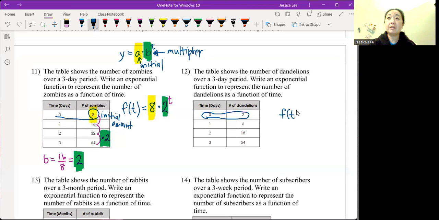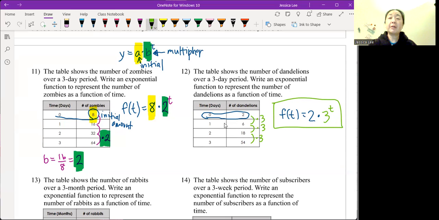So f of t is equal to 2 times, and what do we keep on multiplying by? 2 times 3 is 6, just to verify. 6 times 3 is 18. 18 times 3 is 54, and so on. So our 3 is our multiplier, and then we do that to the t power. Remember, it's an exponent, so it's smaller and up higher. So here's our equation.